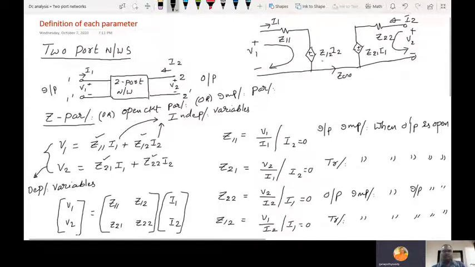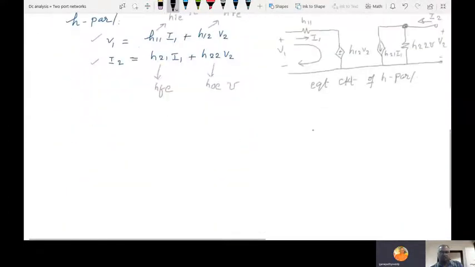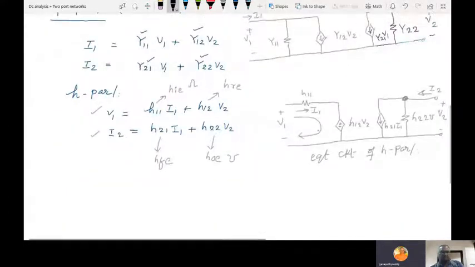If you see here Z12 I2, I2 is on the right side, and Z21 I1, I1 is on the left side. So they are dependent; that is the symbol. So I have shown how to draw the equivalent circuit for Z, Y, H. So that covers H parameters or hybrid parameters. Next, G parameters.